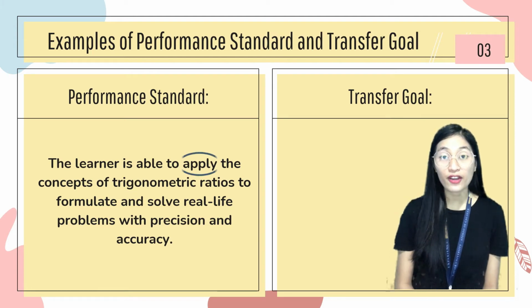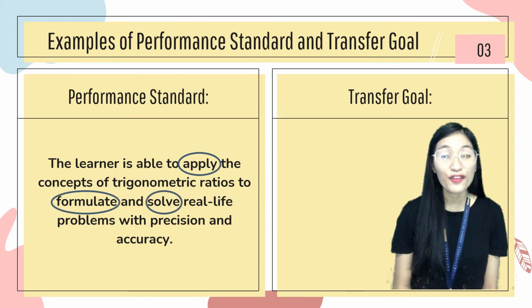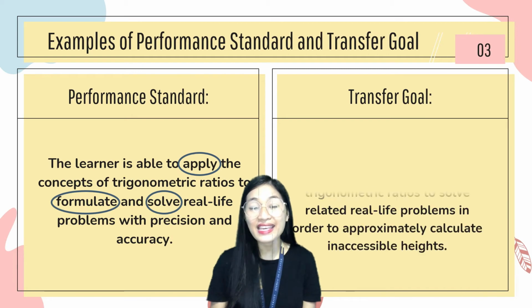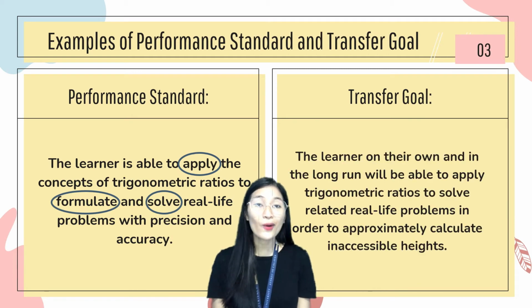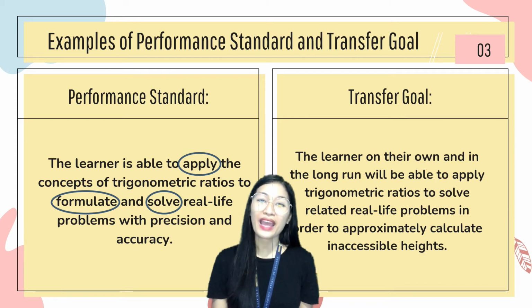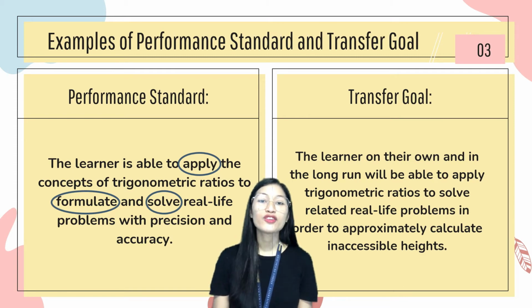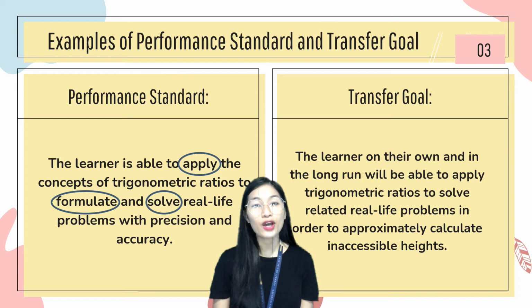So the verbs here are apply, formulate, and solve. Now here is the transfer goal. So the learner on their own and in the long run will be able to apply trigonometric ratios to solve related real-life problems in order to approximately calculate inaccessible heights.